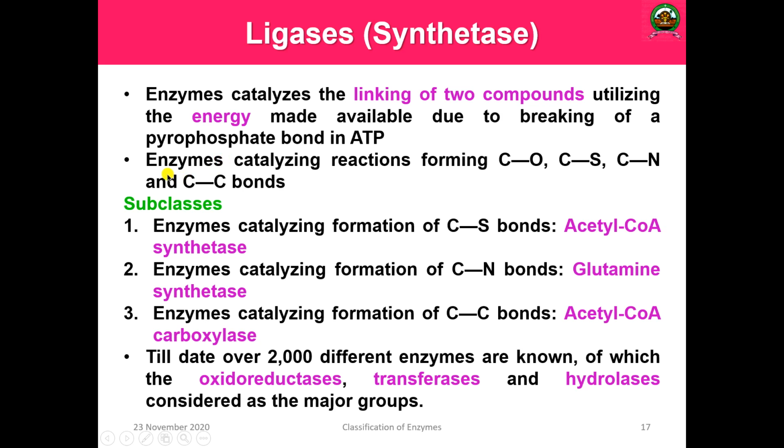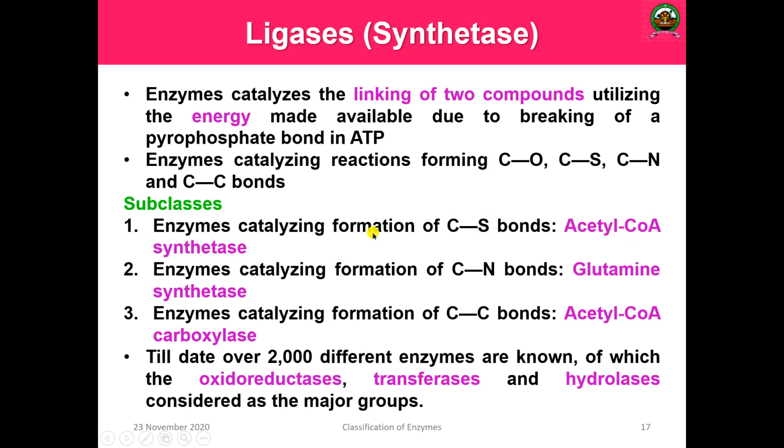These enzymes catalyze reactions that form carbon-oxygen, carbon-sulfur, carbon-nitrogen and carbon-carbon bonds. There are three important classes here. The enzyme catalyzing the formation of a carbon-sulfur bond, example acetyl CoA synthetase.